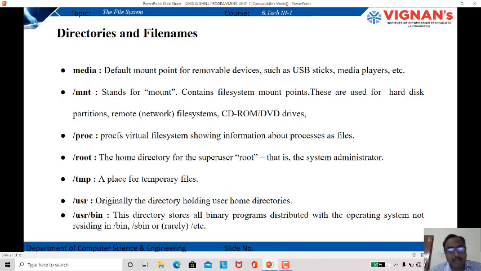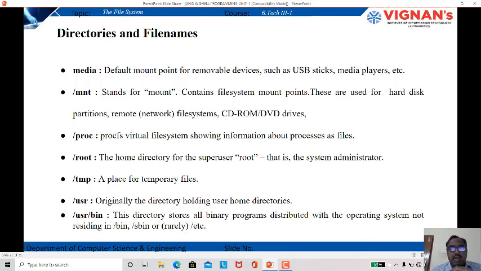Next, apart from these, we also have media. It indicates a default mount point for removable devices, for example USB (universal serial bus) sticks, media players, and so on. All these put together you can call the media directory.